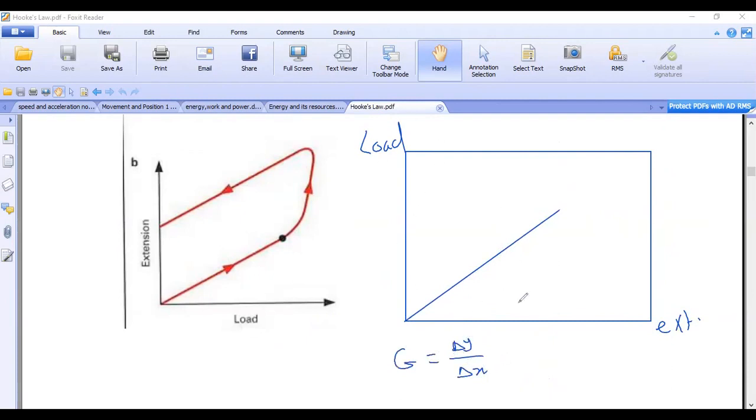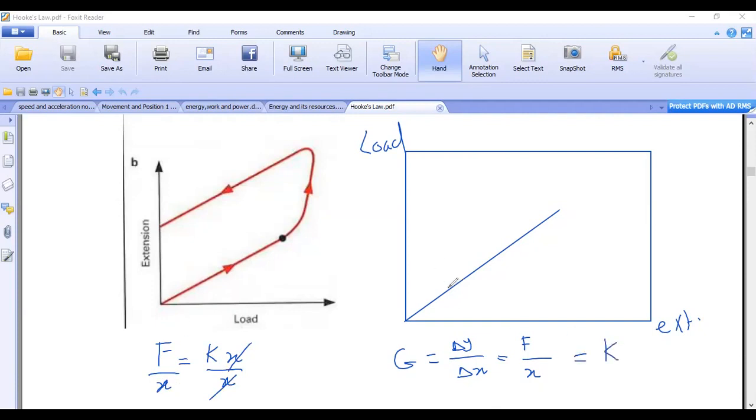So delta y is the load, which is a force, divided by delta x, which is the extension. So F over x from Hooke's law, F equals Kx. If we divide by x here, x cancels with x. So F over x will equal K.